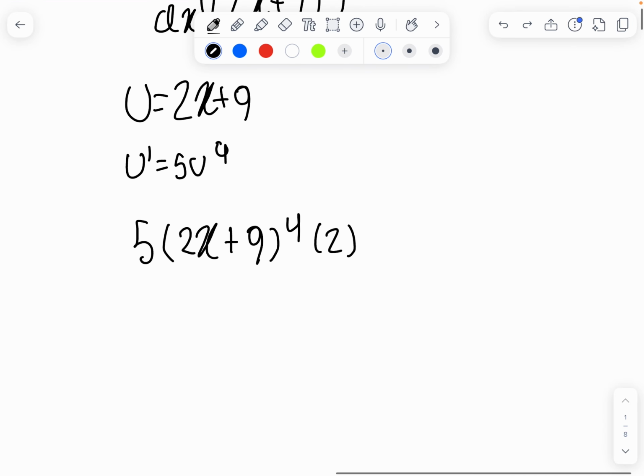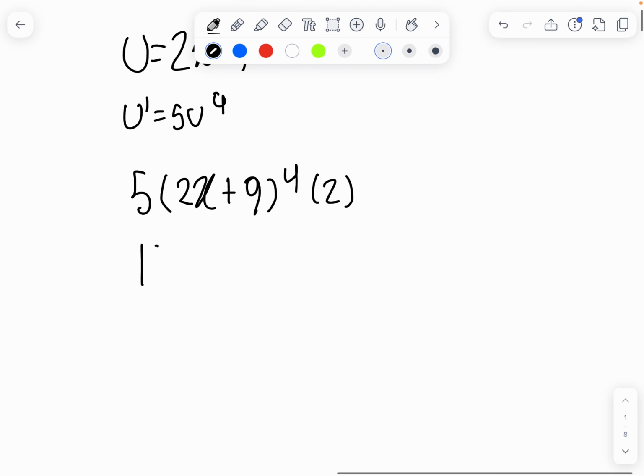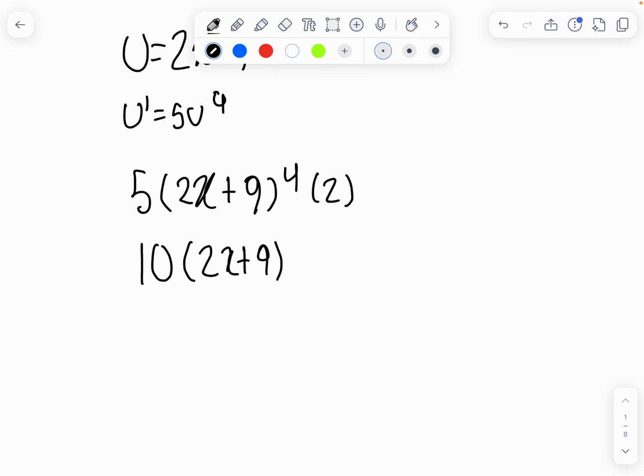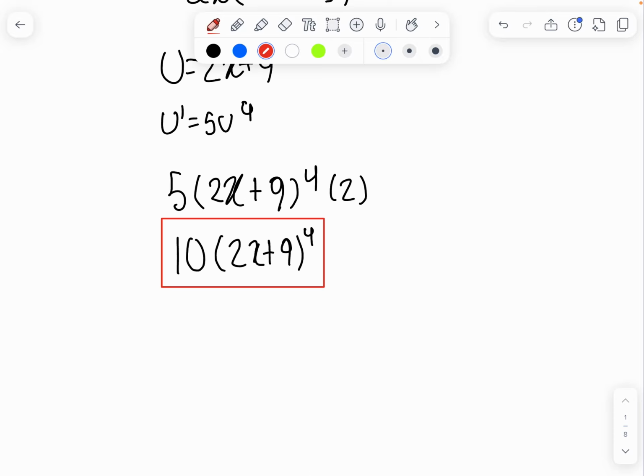So now if we combine like terms, we get 10 times 2x plus 9 to the power of 4. And this is our answer. Okay, on to the next question.